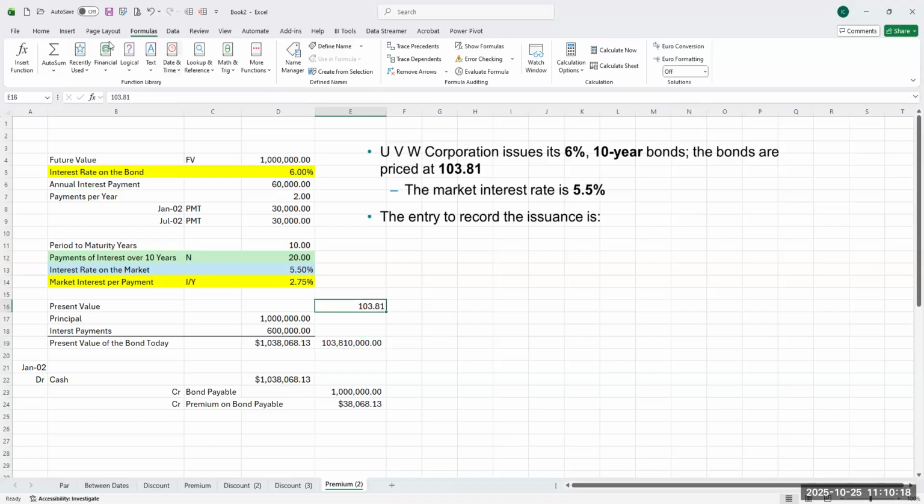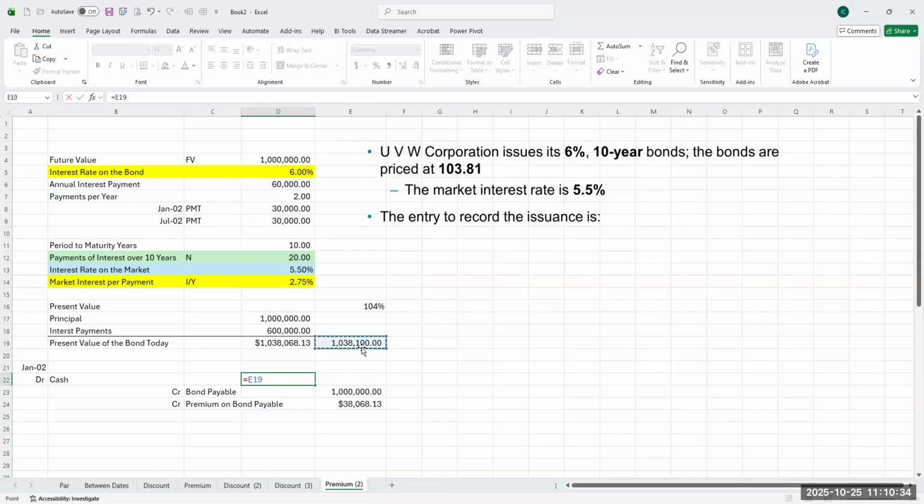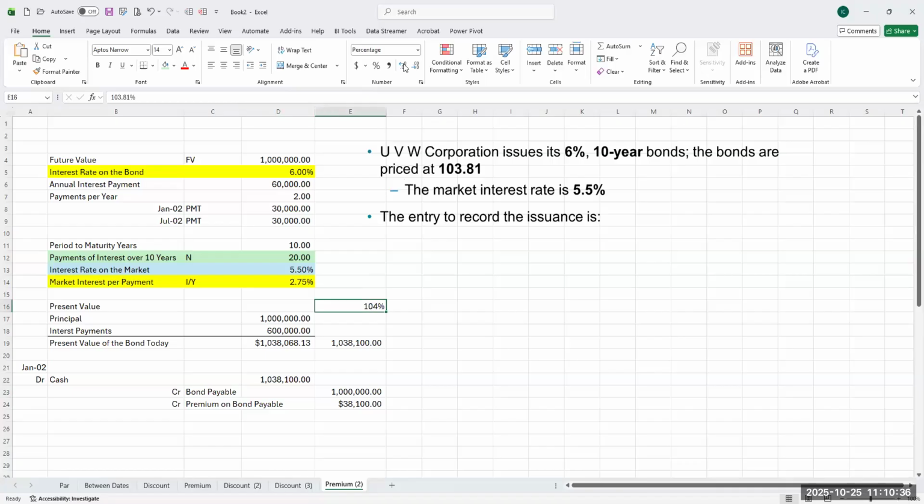Sorry, that will be a percentage in order to make it work. That should be the percentage amount. So it's going to be 103.81. So for our calculation here for the journal entry, we're going to use this number. And that will be the journal entry that we have to do.